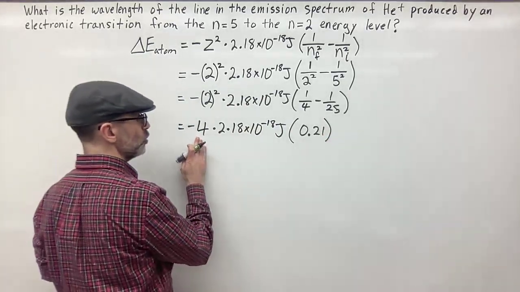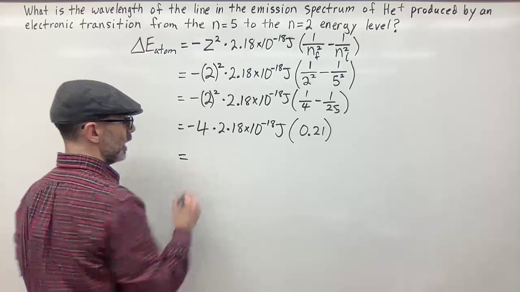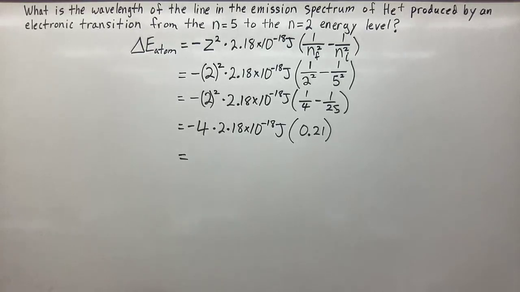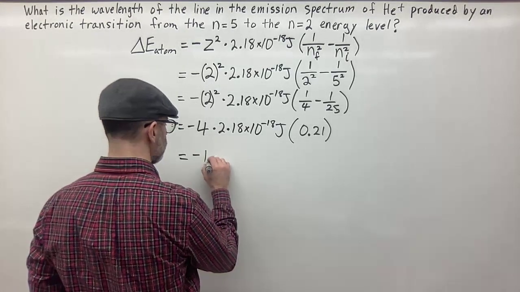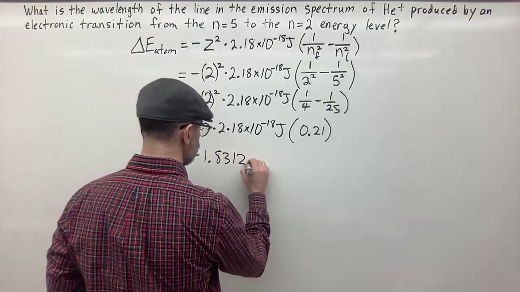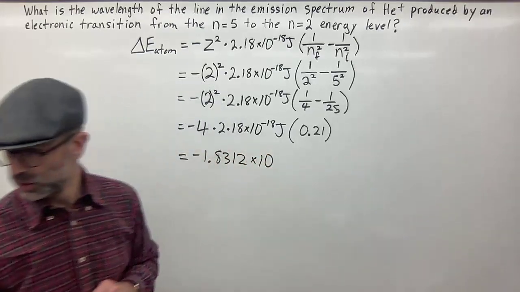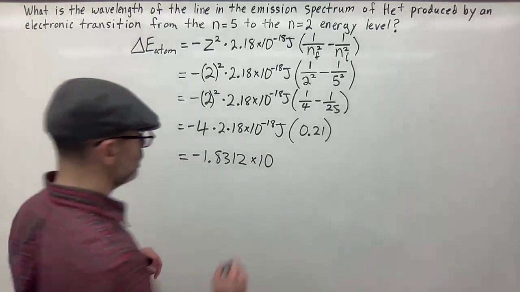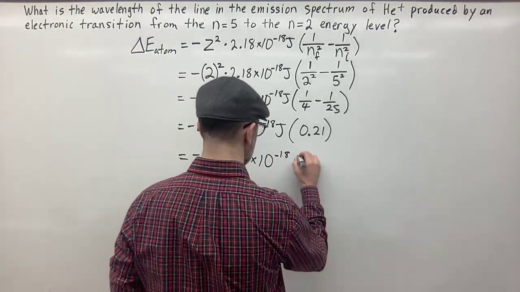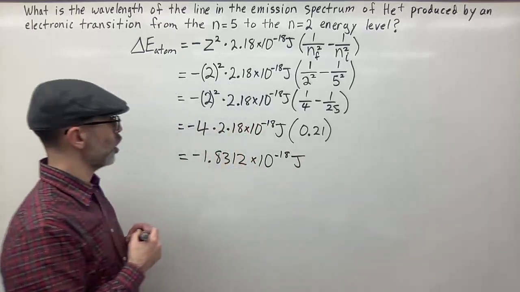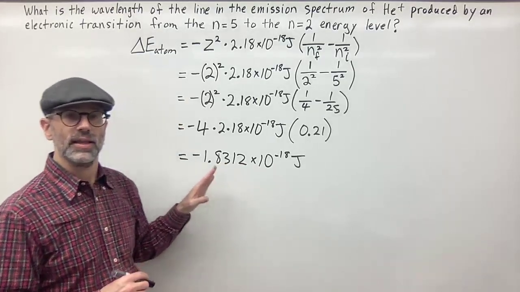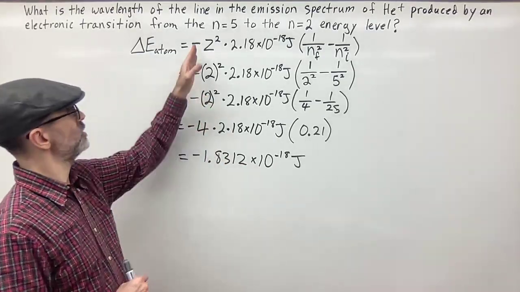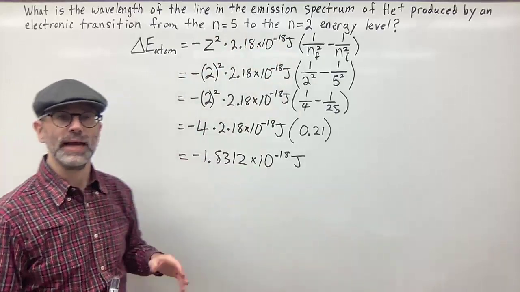And if we multiply all of these together, our answer is going to be negative 1.8312 times 10 to the negative 18 joules. So this is the change in the energy of the atom when the electron goes through this transition from 5 to 2.